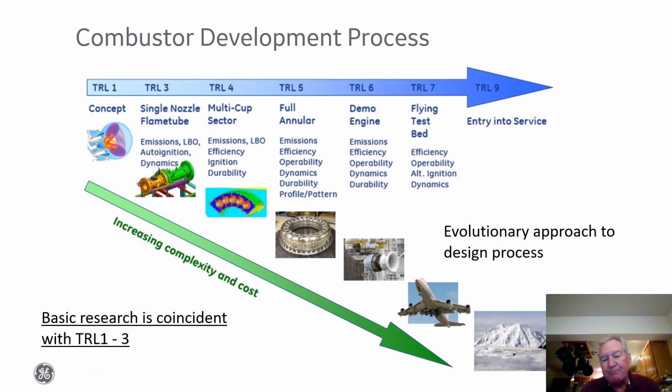It's a 747 aircraft where we can replace one of the engines with our certification engine and then fly it on that aircraft and evaluate its performance under normal and typical flight missions. I want to point out that basic combustion research really is coincident with the TRL 1 through 3 phase of this development process.